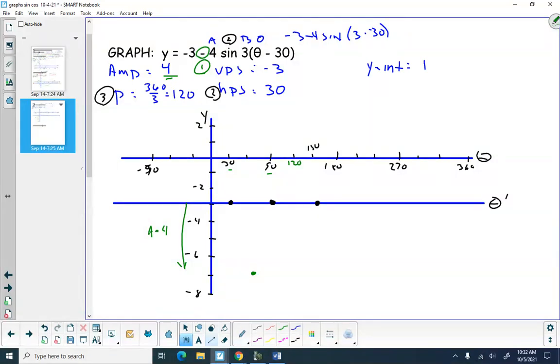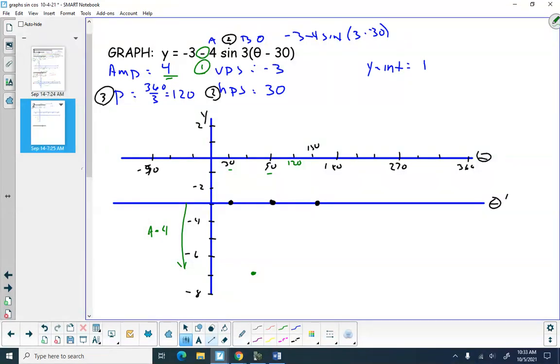Okay, the question is, what's the y value? Well, we go down first and then we go back up. What's the y value have to be? What's our y value have to be here? The value of 1, that's correct, because we have to go up.